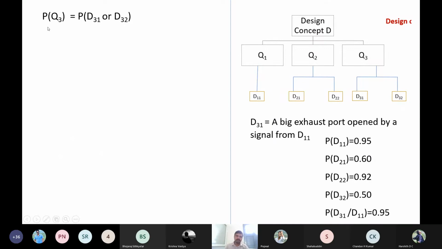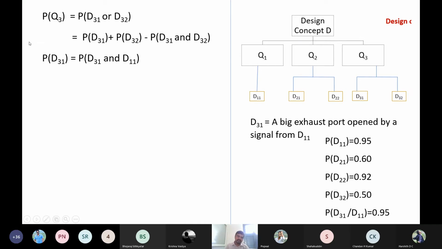So P of Q3 is equal to P of D31 or D32. Similarly, you can write the equation using the probability rule. You know the value of P of D32 and can directly substitute, but you don't know the value of P of D31. The conditional probability is given, but you don't know the value of P of D31, which you have to find out.